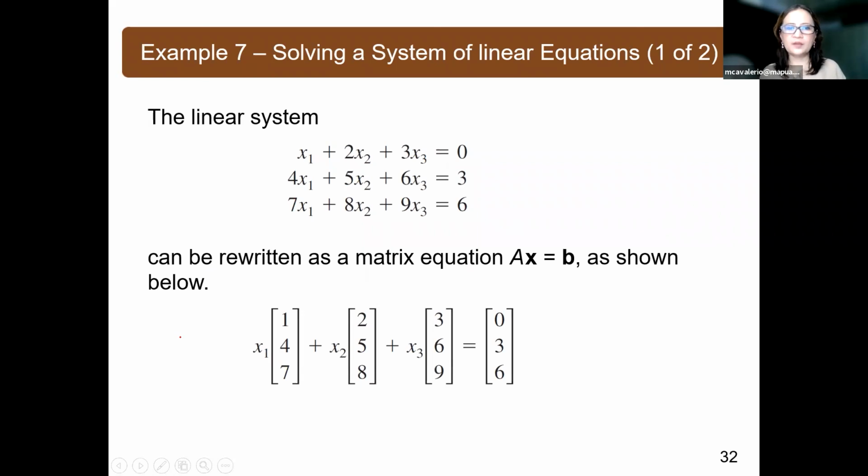So, for example, we have here a linear system made up of 3 equations and 3 unknowns. We can write it as a matrix equation AX equals B, and further write it as a linear combination of the column vectors of A. So we will have x sub 1 times column 1, which is 1, 4, 7, plus x sub 2 times column 2, which is 2, 5, 8, plus x sub 3 multiplied by 3, 6, 9, equivalent to 0, 3, 6.